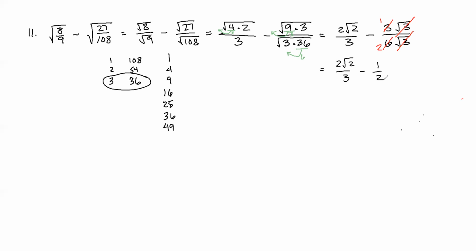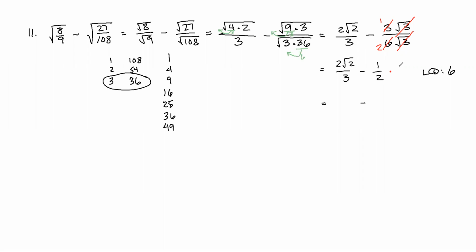Well, if I'm going to go ahead and combine these fractions, we need an LCD. And what is our LCD going to be for this one? Well, the least common denominator is going to be 6. So we're actually going to end up going back to what we had, the 3 over the 6.